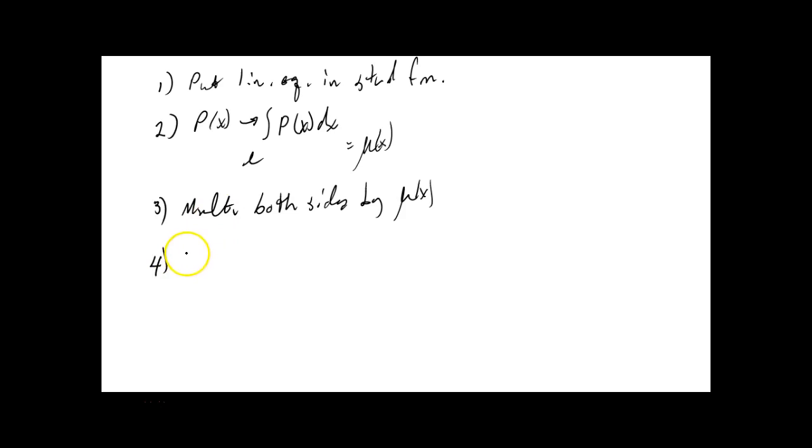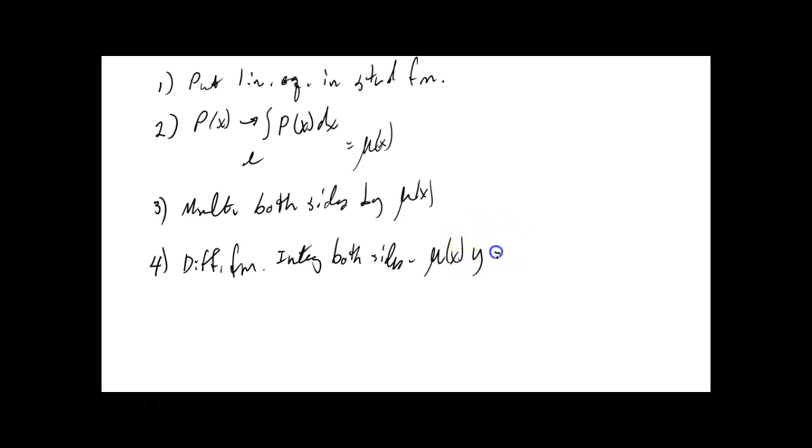Write that in differential form. Okay? And then integrate both sides. If you've done it right, the left-hand side will be the product of mu of x times your y, okay?